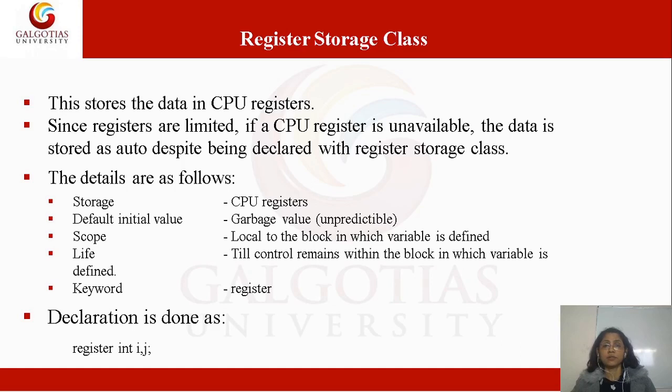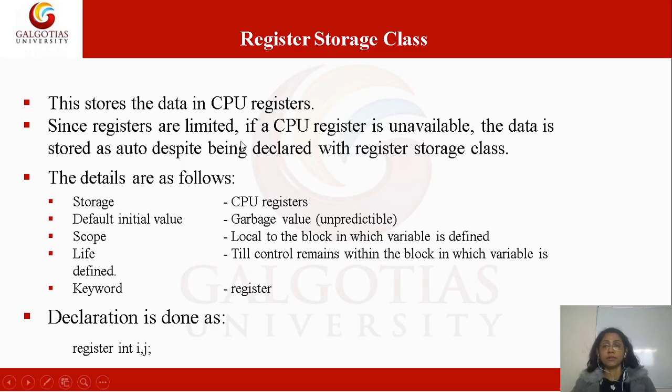So if CPU registers are not available, the variable will be considered an auto variable and it will be stored in memory. So it is not an obligation for the compiler.